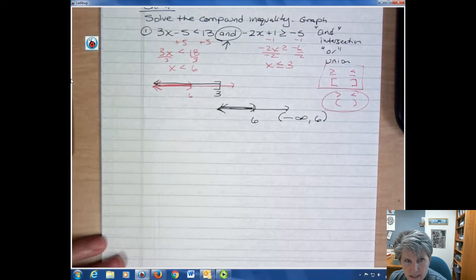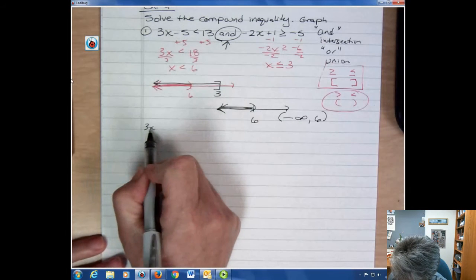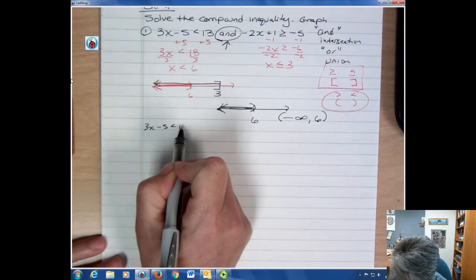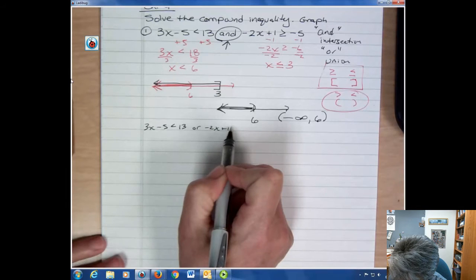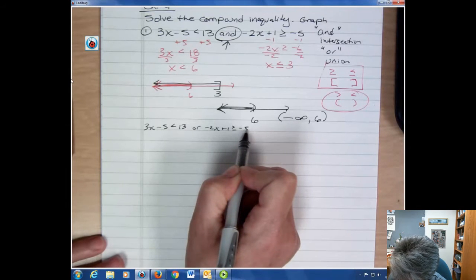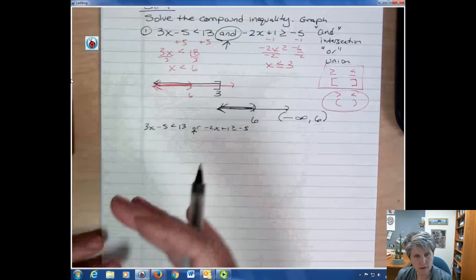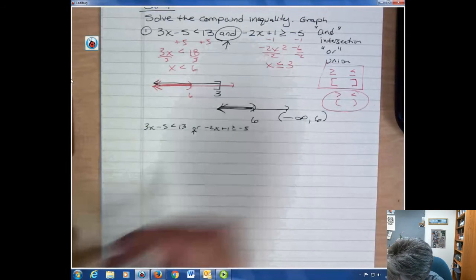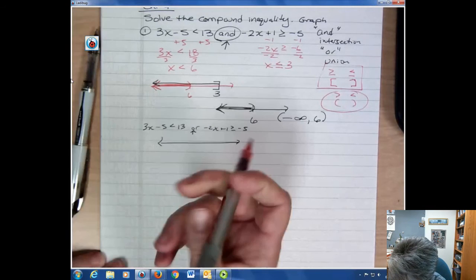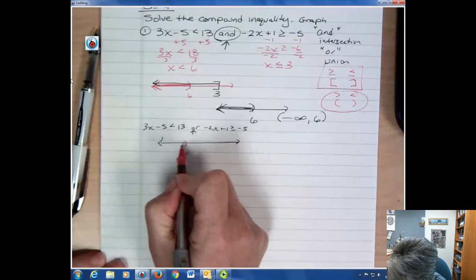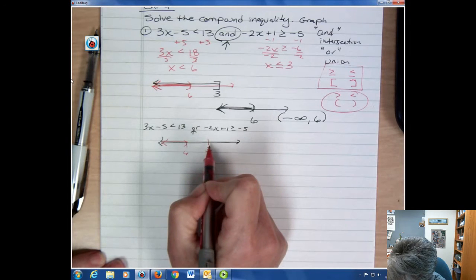Now, if I did the exact same problem but said or, then I'd be saying combine them together. The first inequality would be from 6 on down, and the second one would be from 3 on down.